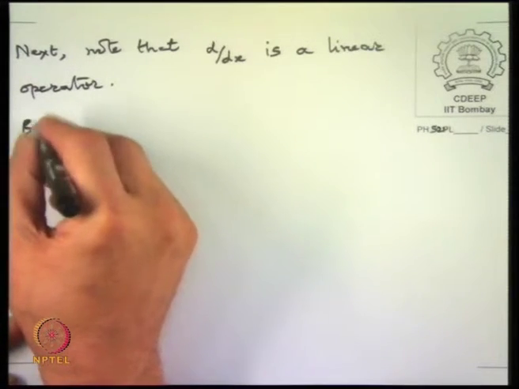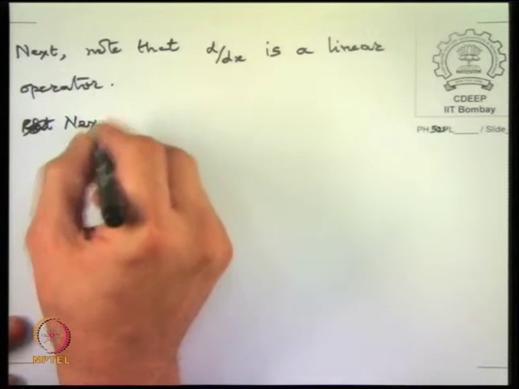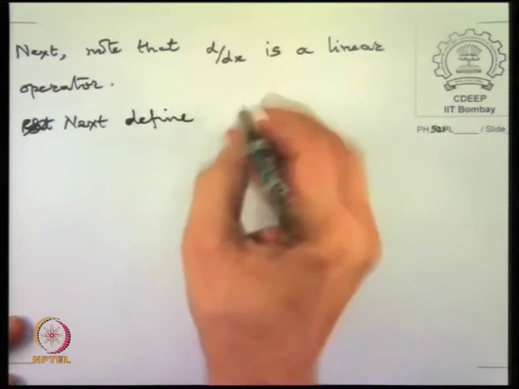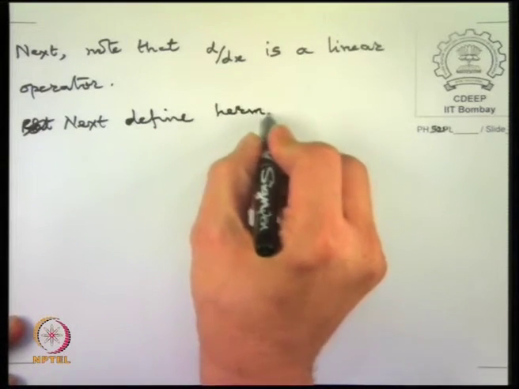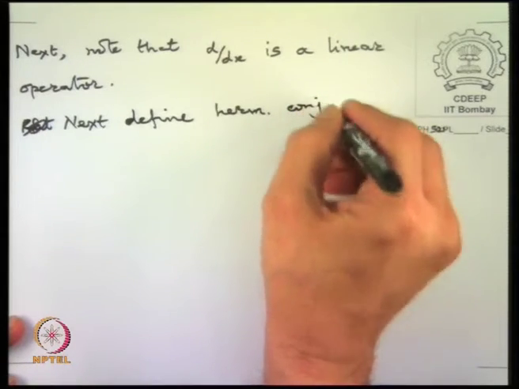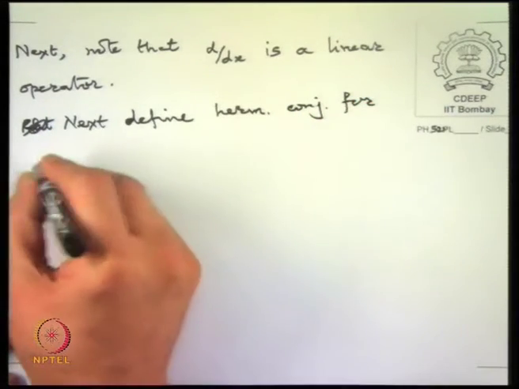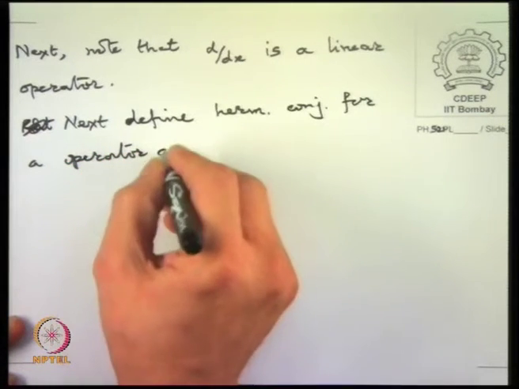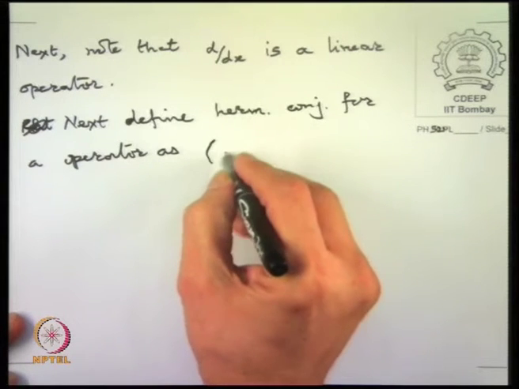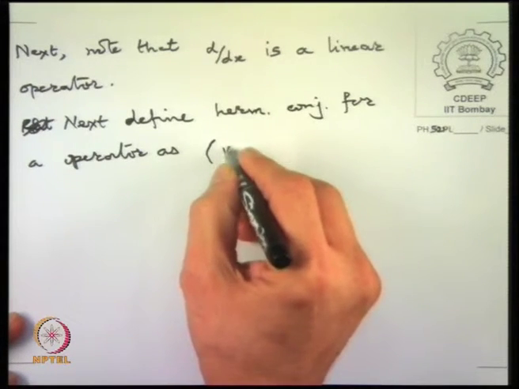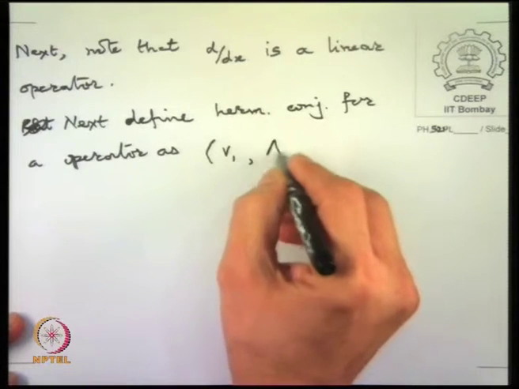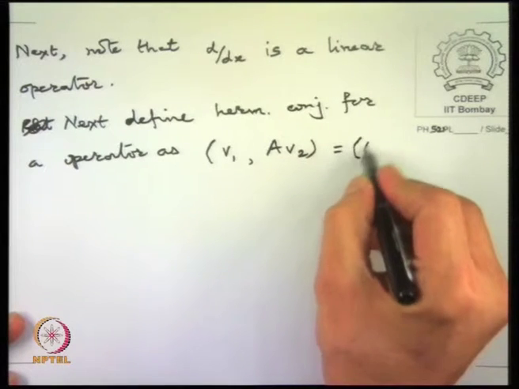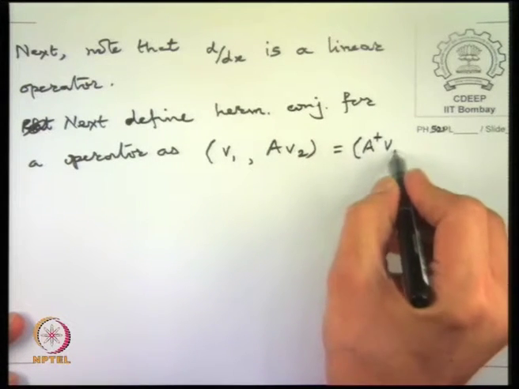So next we define the Hermitian conjugate for operators: the inner product of V1 and A V2 equal to the inner product of A dagger V1 and V2.